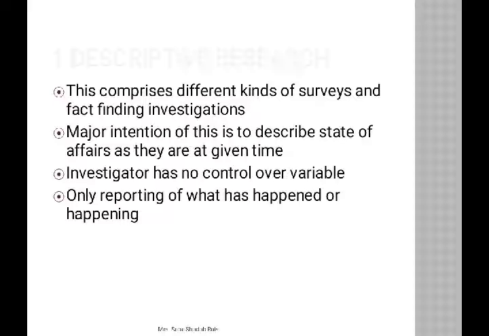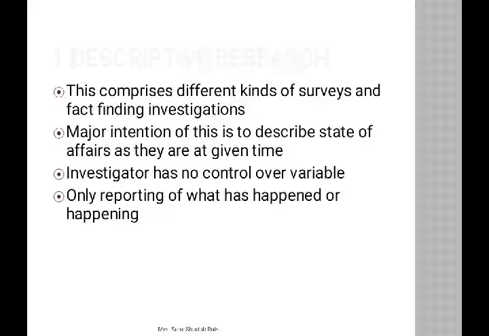The role of the investigator is only to find out whatever is happening. Descriptive research is usually done whenever there is a problem in society and we want to find out what the problem is, how deeply rooted it has become, and what opinion has been created among the people because of that problem.